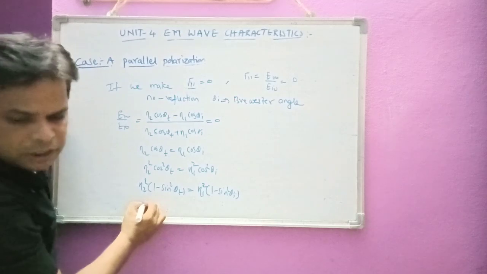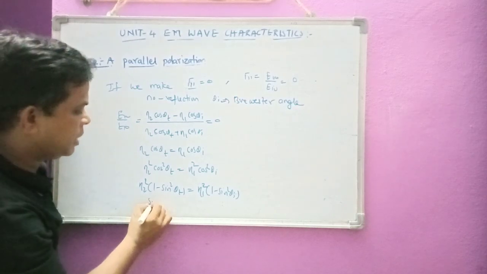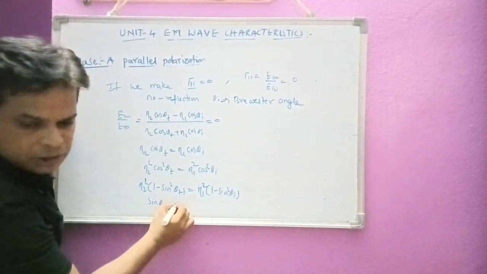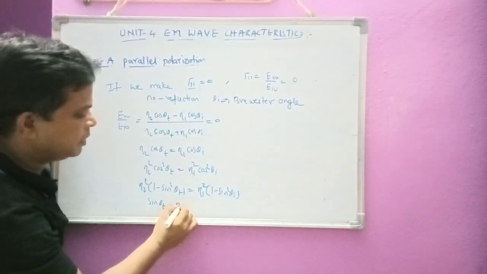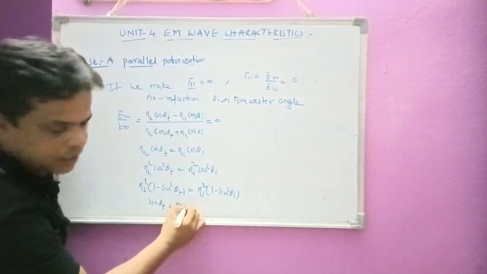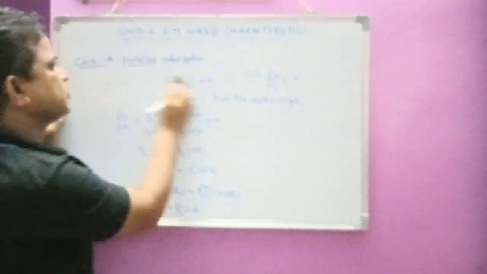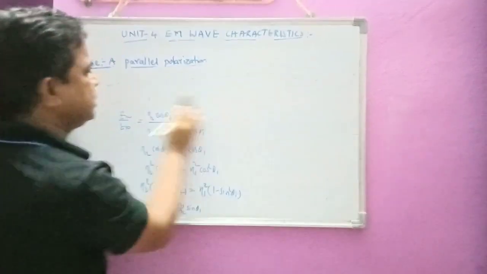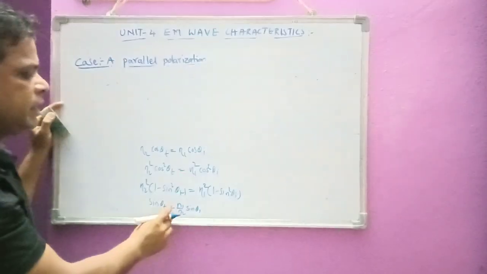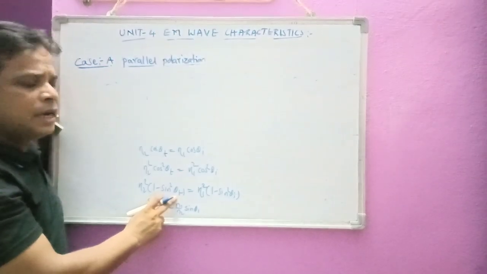Now for the Brewster angle, by Snell's law we know that sin theta t is equal to n1 by n2 into sin theta i. Now I will substitute this equation, because I have to get this equation in terms of the incident angle, we don't have to get the transmitted angle.